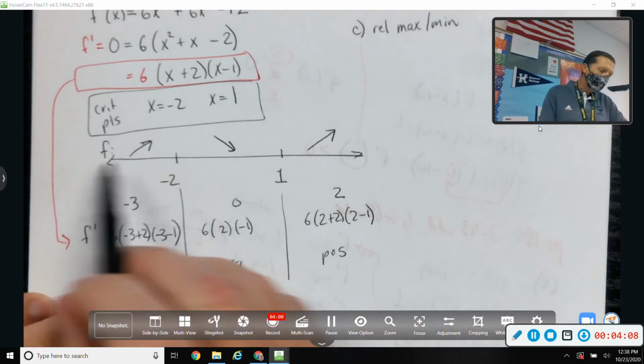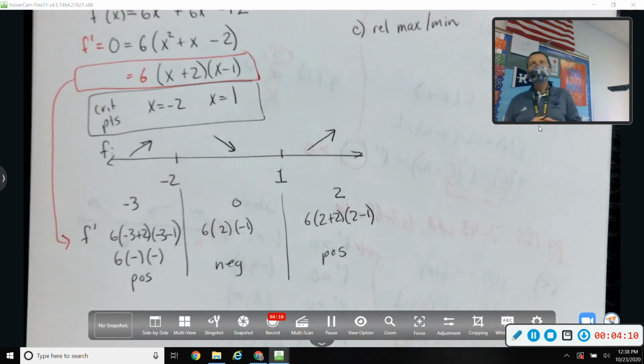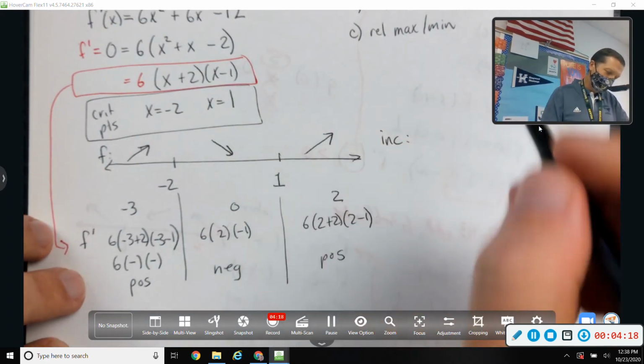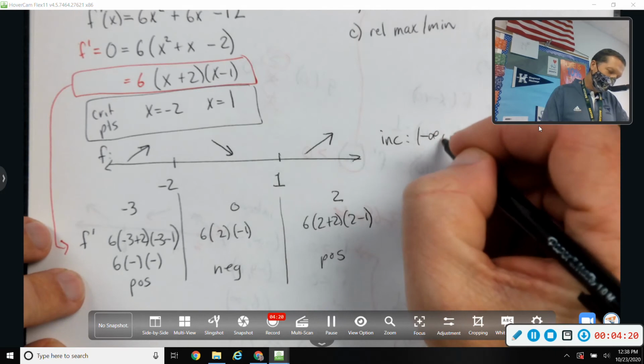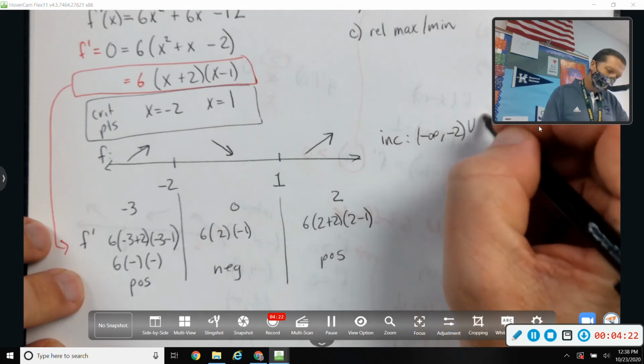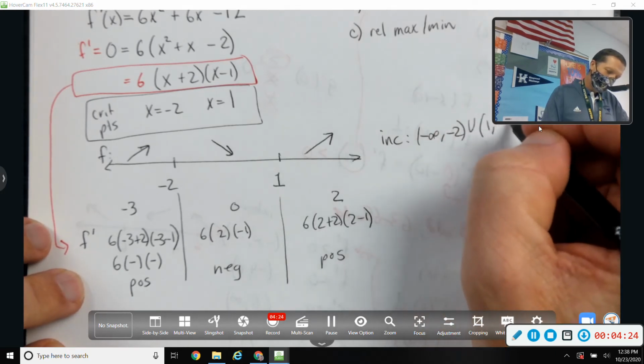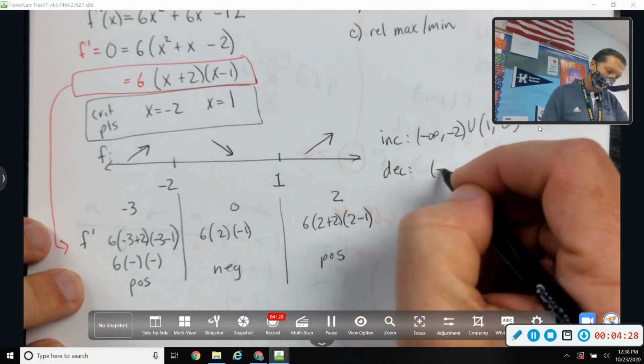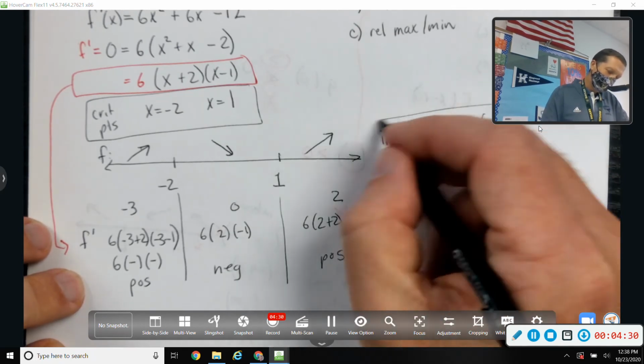So the picture is not the answer. I mean, it sort of contains the answer, but the picture doesn't qualify as the answer. You have to say it's increasing on negative infinity to negative 2, and from 1 to infinity, it's decreasing from negative 2 to 1.